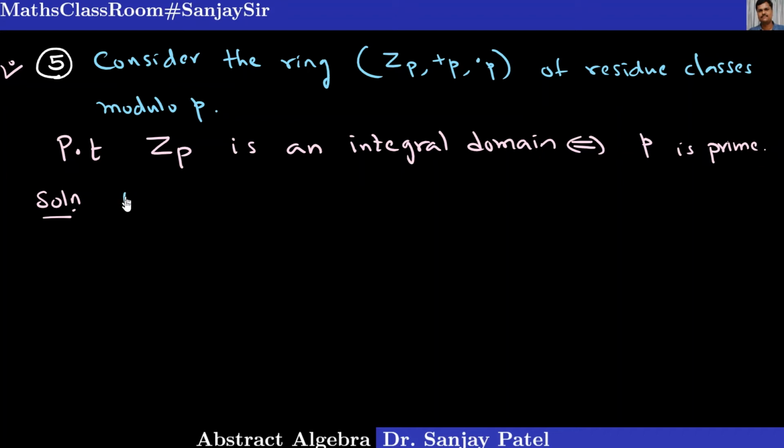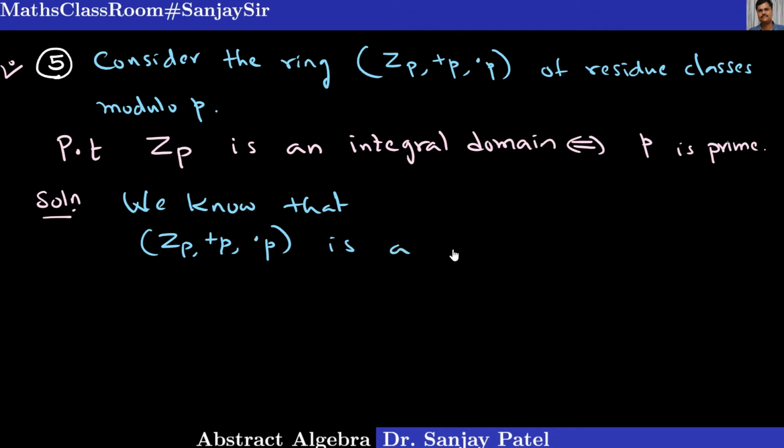We know that this (Z_p, +_p, ·_p) is a commutative ring with the unity element.